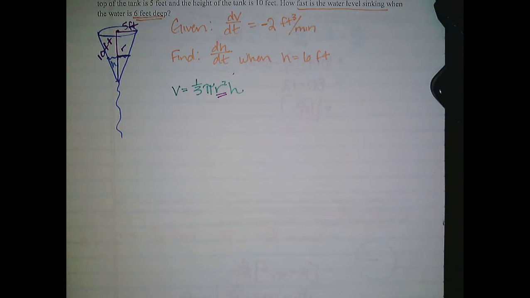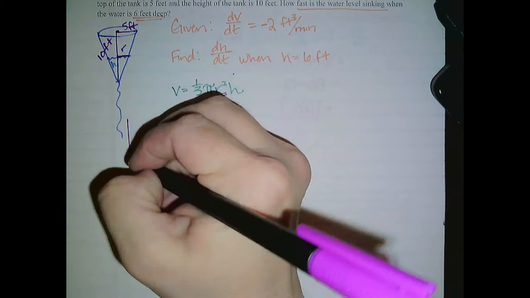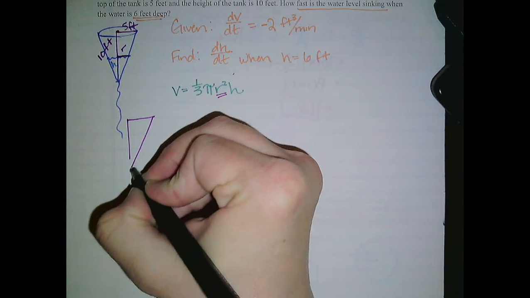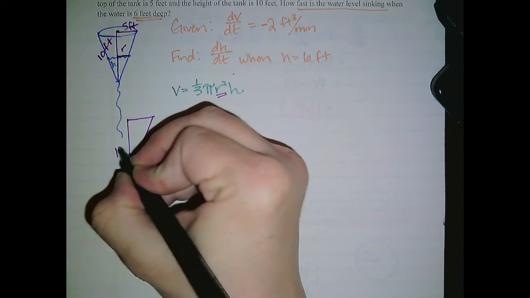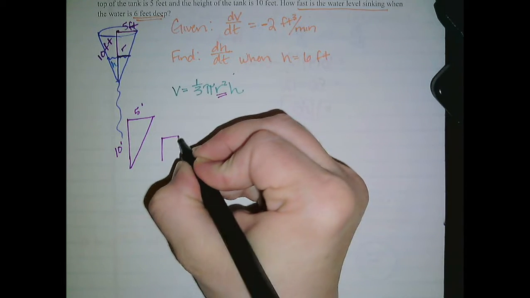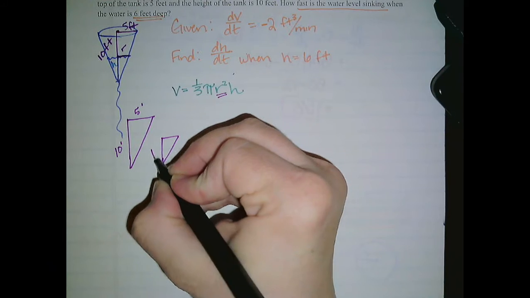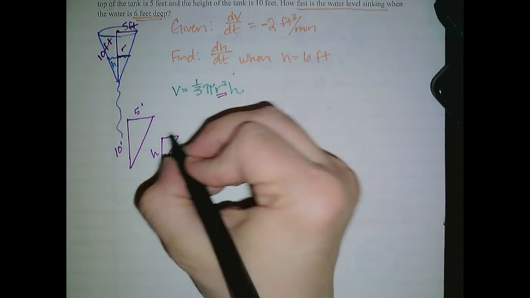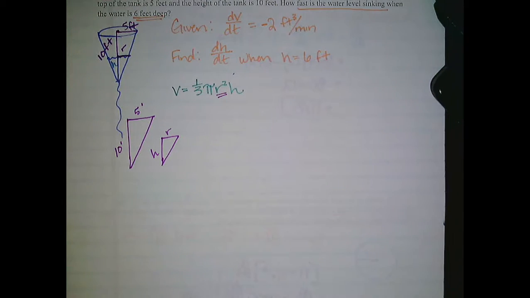So what we have here, there's my big one, 10 feet, 5 feet. And here's my little one, we're calling the height of the water h, and the radius of the water r. What we have are two similar triangles. And if you remember from geometry, triangles that are similar are going to be proportionate to one another.